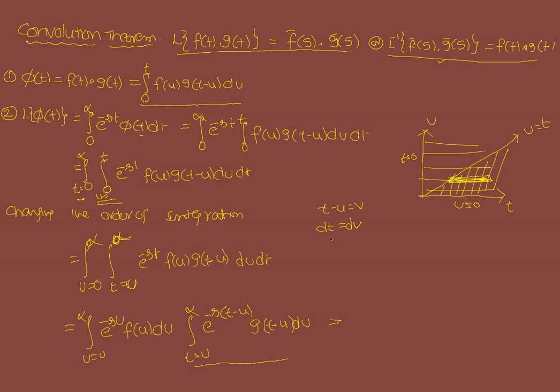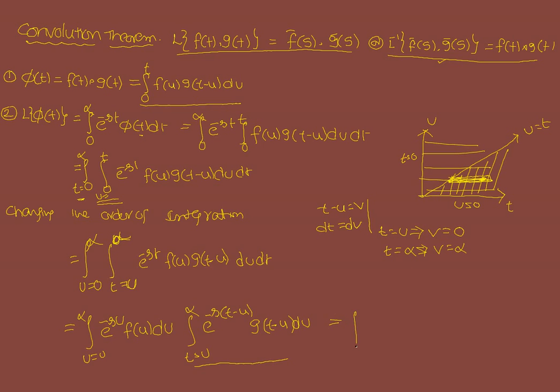Next, changing the limits also. T is equal to u implies v is equal to 0. T is equal to infinity implies v is also infinity.